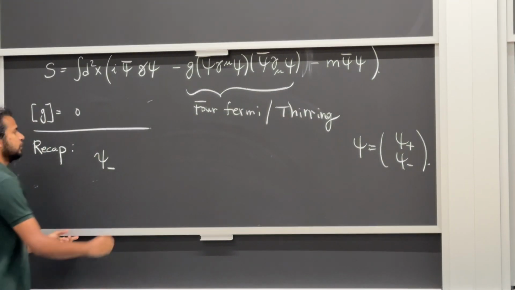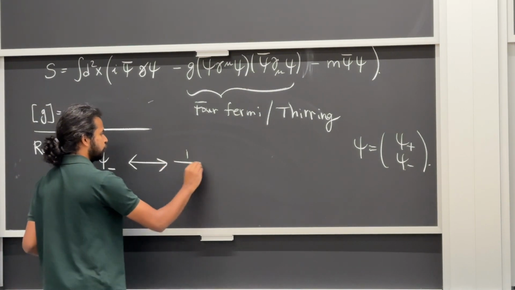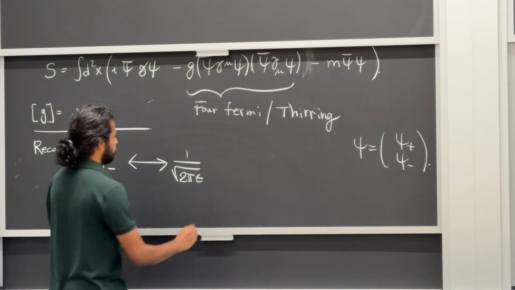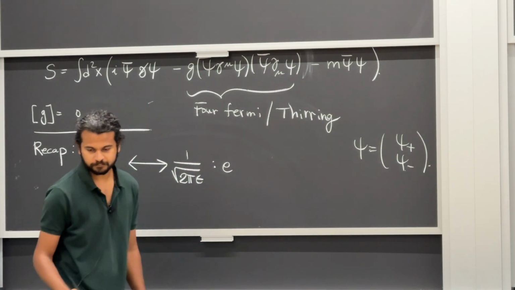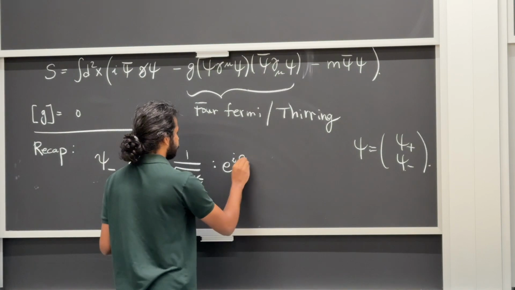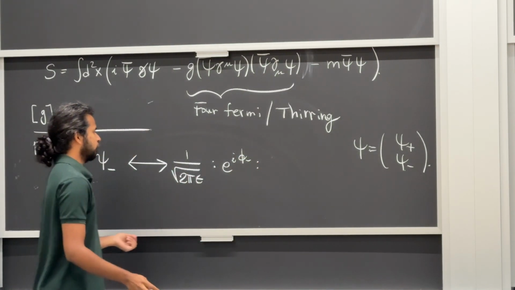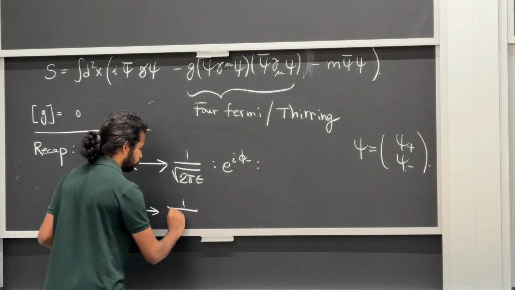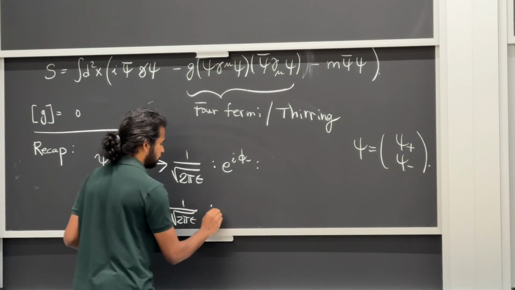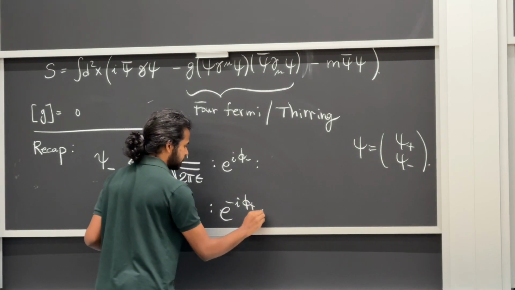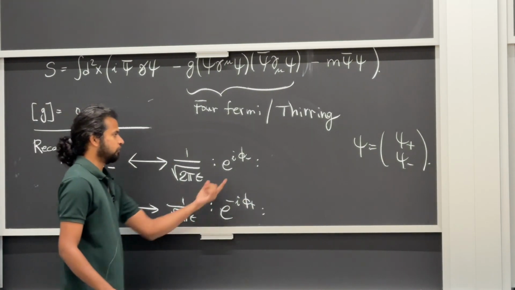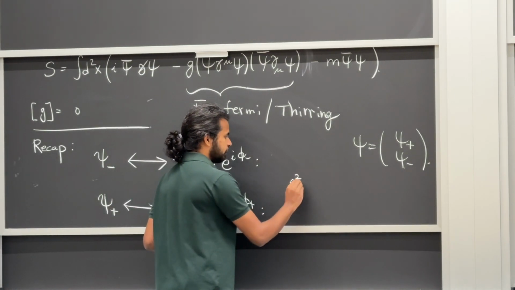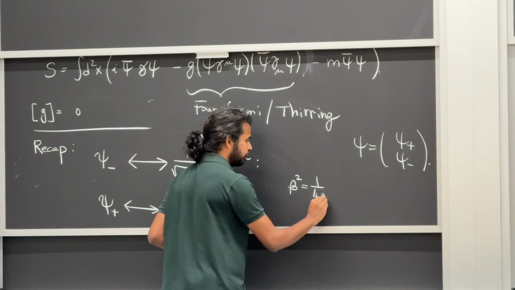The chiral fermion, I map it to 1 by root 2 pi epsilon, normal order e to the i phi minus, and psi plus to 1 by root of 2 pi epsilon e to the minus i phi plus, where phi is a compact boson with radius equal to 1 by 4 pi.